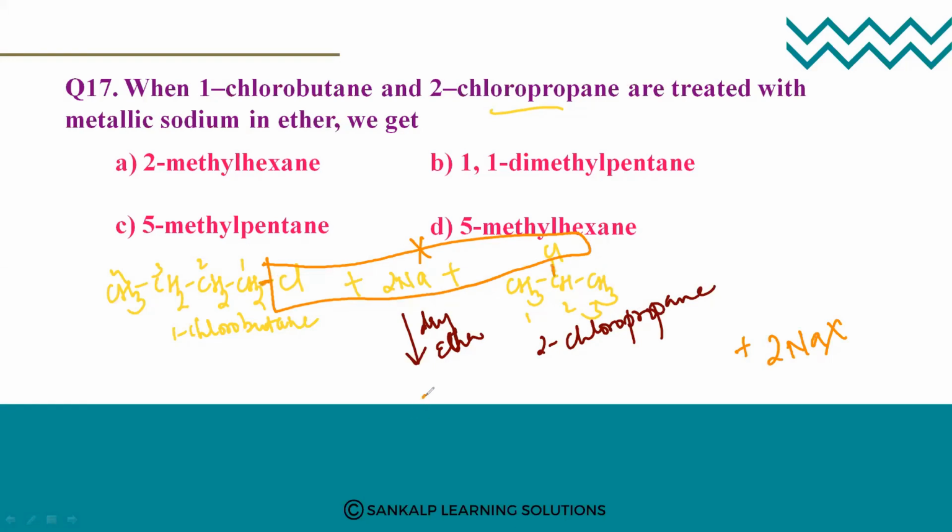So I'll write the structure: CH3, CH2, CH2, CH2, then CH, with CH3 and CH3. I hope you have got it. So what is the name? Numbering 1, 2, 3, 4, 5, 6, it is 2-methyl.